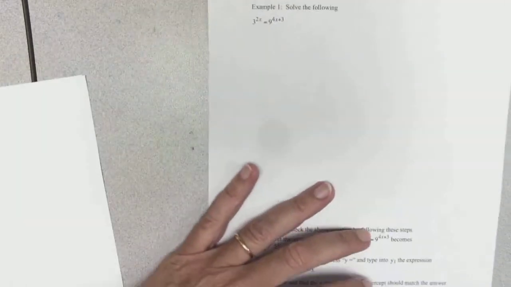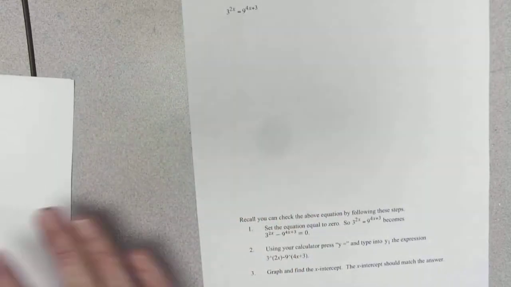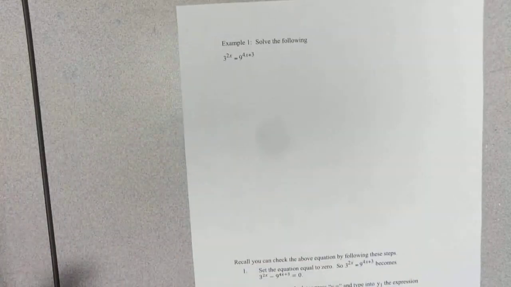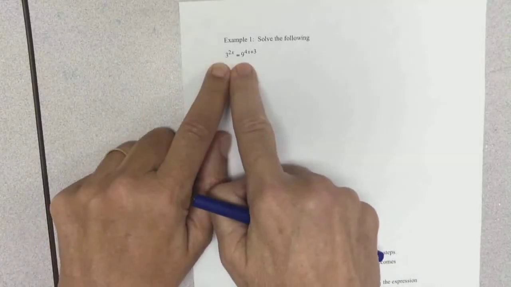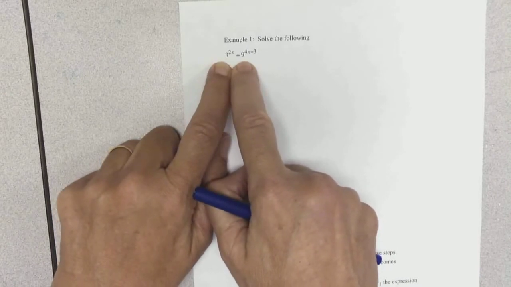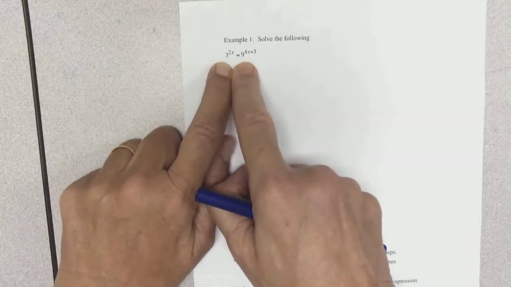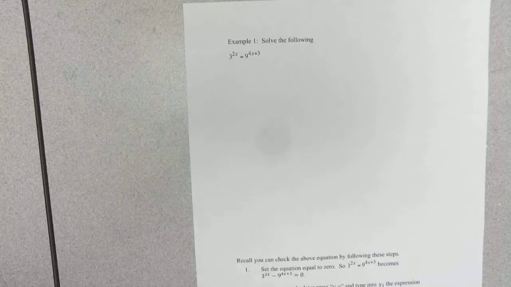Okay, so let's do a problem. Solve the following. Okay, you're going to recognize it's an exponential equation because the variables are in the exponents. That's how we recognize that it's an exponential equation. So the first thing we can notice is that there is a very concrete relationship between 9 and 3, an exponential relationship between 9 and 3.